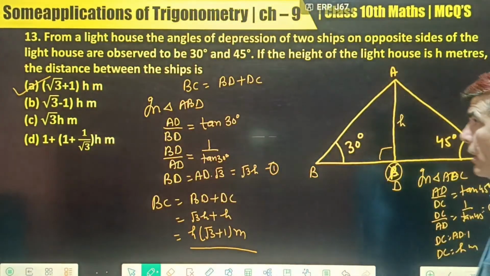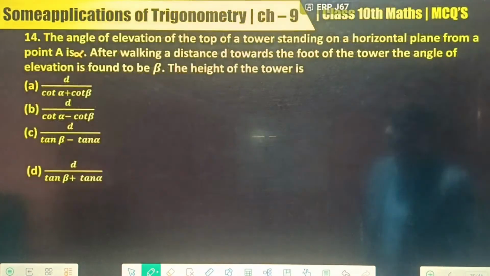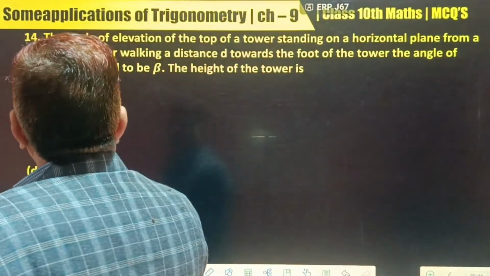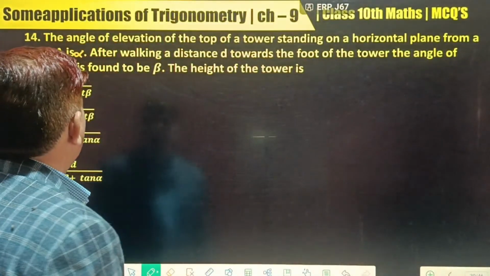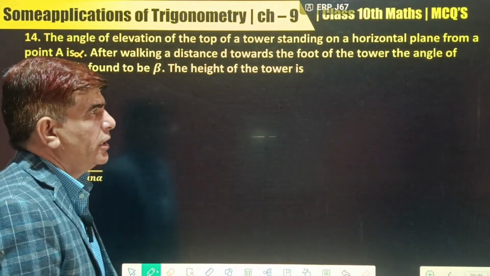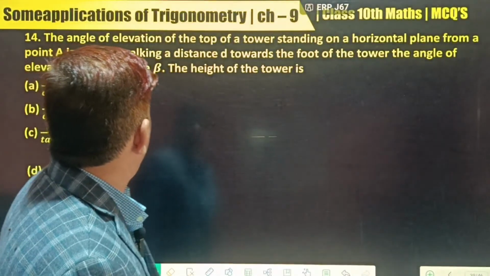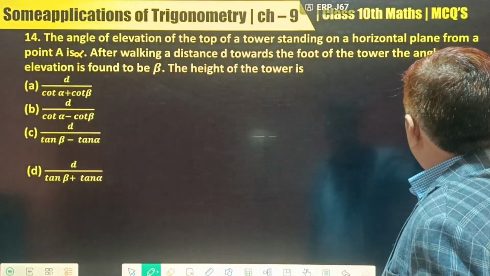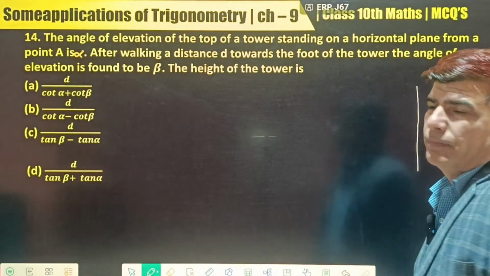Understood? Next, taking another example. The angle of elevation of the top of a tower standing on a horizontal plane from a point A is alpha. So we can say this is a tower on a horizontal plane.